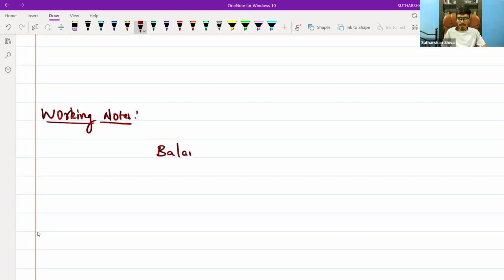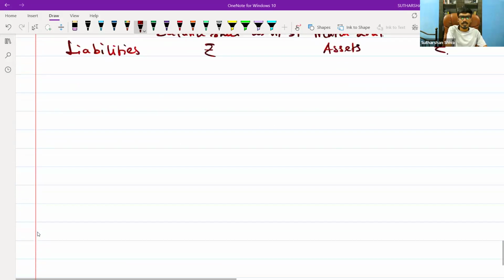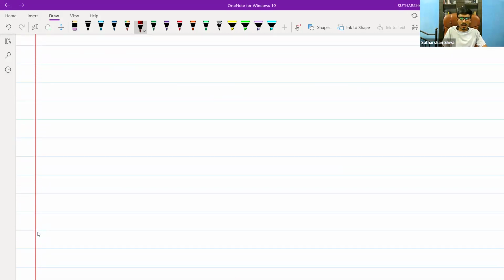You can either use the words balance sheet as on, or you can use the words statement of affairs, March 2021. Here you can go with only one column, liabilities, then assets. This format is done. Leave some space, about half a page.